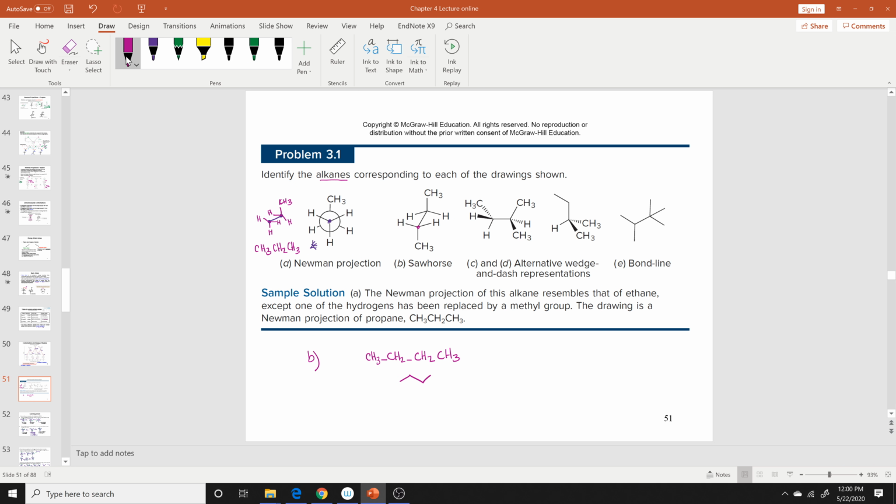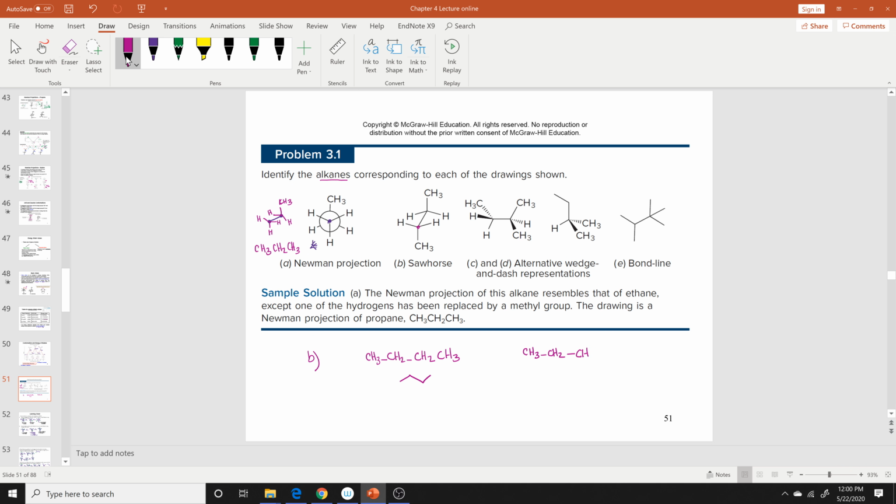And then C and D are representations of wedge and dash. Let's see what type of alkanes. This is a butane over here. What type of alkane do you have? You have a CH3, and that CH3 is connected to a CH2, and that CH2 is connected to a CH.